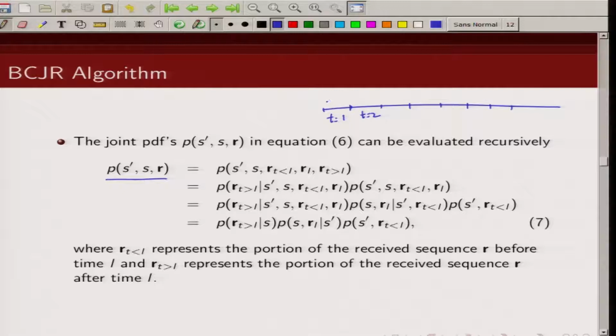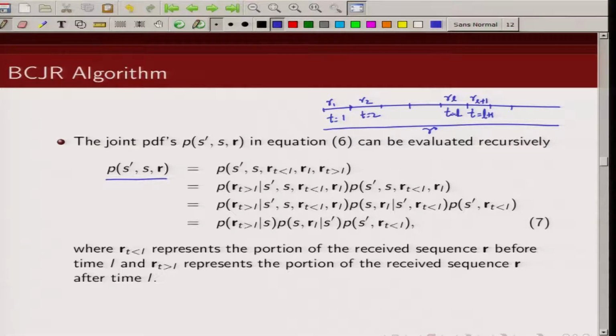Let us say I get R1, which corresponds to what I receive at time t equal to 1, R2 corresponds to what I receive at time 2, RL corresponds to what I receive at time L, and like that. RL plus 1 is what I receive at time t equal to L plus 1, like that. So, this whole thing is my received sequence R.